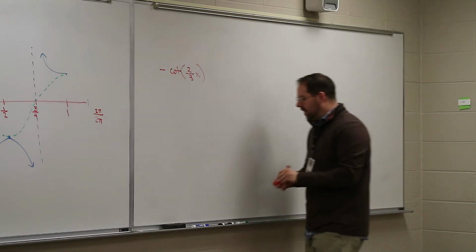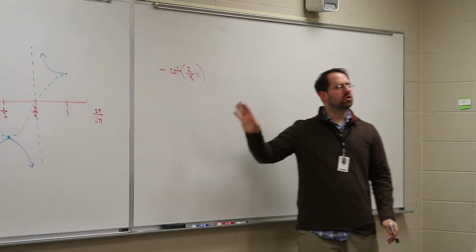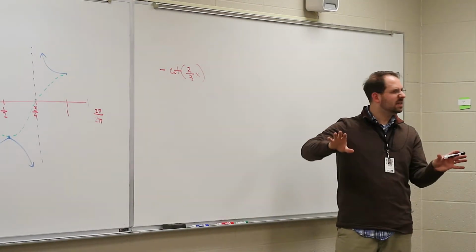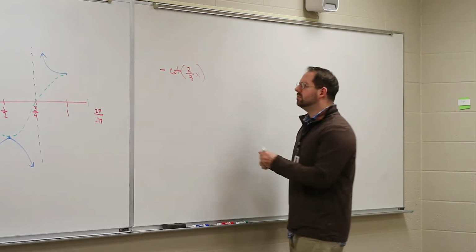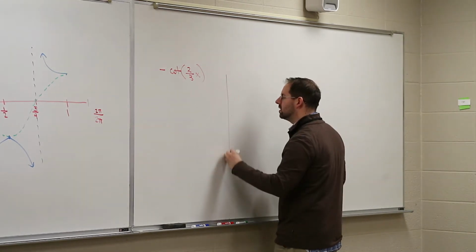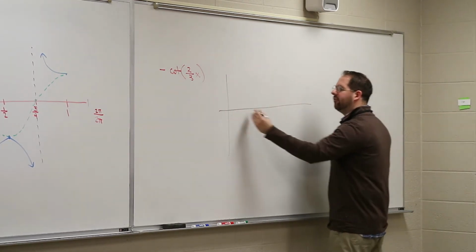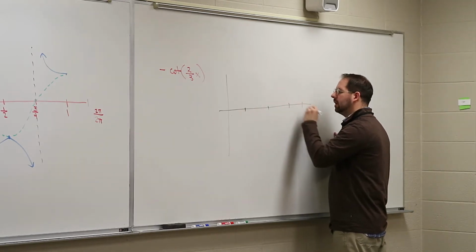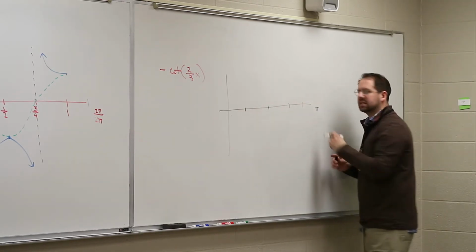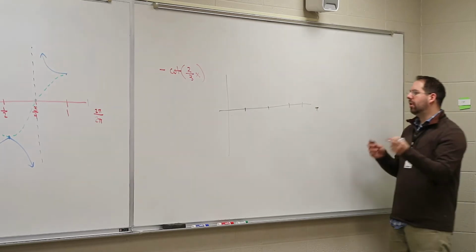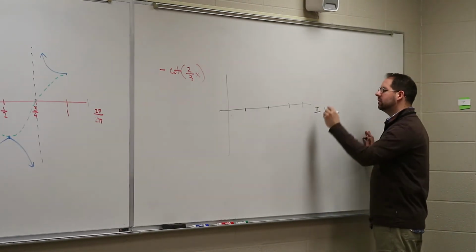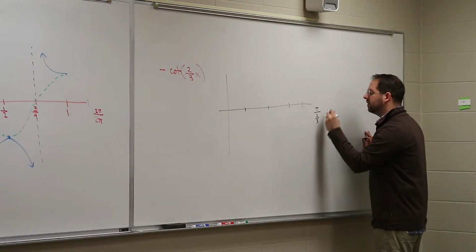But again, on these, we don't need to draw the original tangent because they're not connected for the most part. So on this first one, it's going to go to the right. It's going to have 4 hash marks. Now normally, we would go out to pi, because that's how tangent and cotangent work. But we have to divide by the number in front of x, which is 2/3.